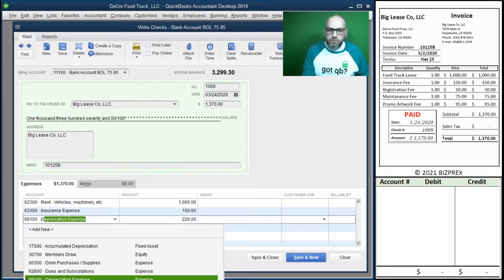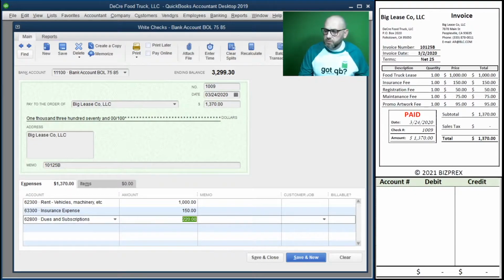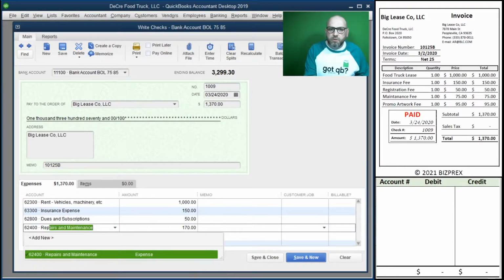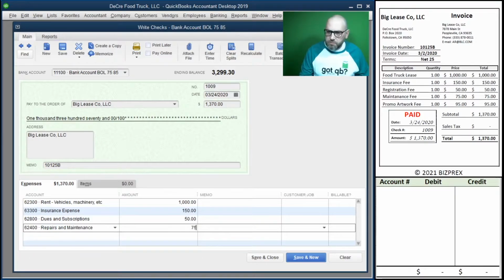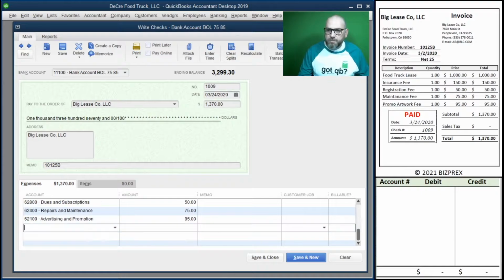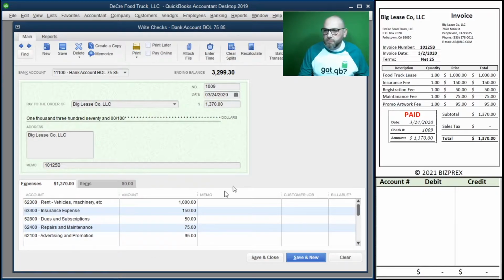We have dues and subscriptions, repairs and maintenance, and then advertising and promotion. Alright, so these are our expense accounts that are being debited, and this is our checking account, bank account that is being credited. So let's go ahead and depict it all right here.